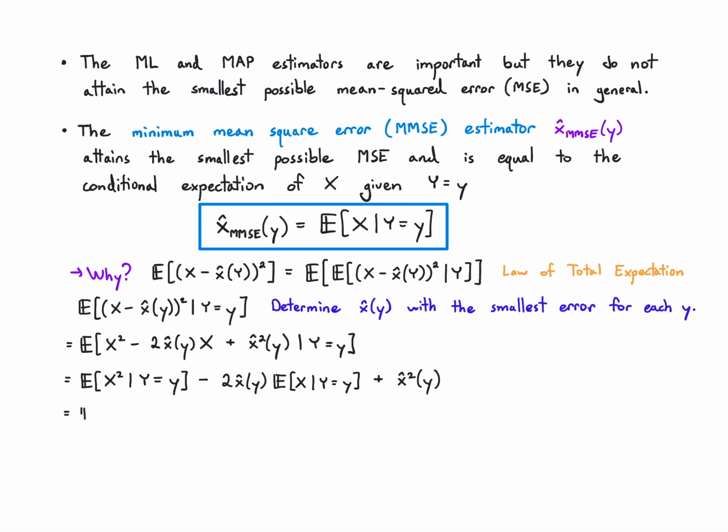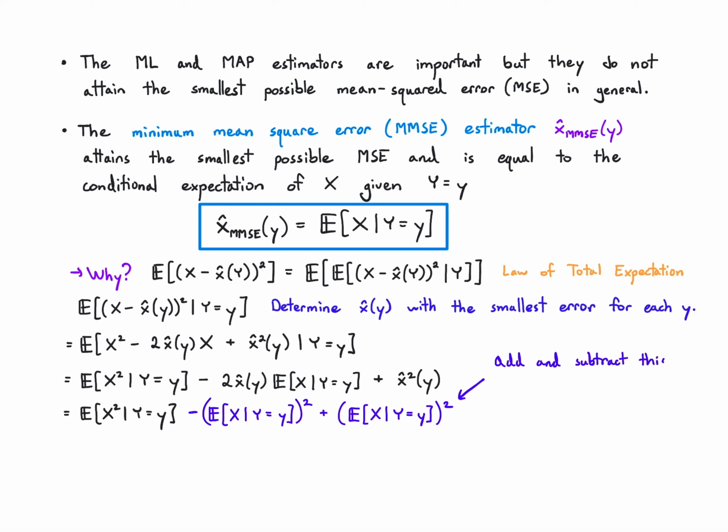In this next part, you kind of have to realize to do this. What I'm going to do is add and subtract the same term. So I'm adding and subtracting the expectation of x conditioned on y, squared. Why am I doing this? Well, I'm doing it to complete the square. And you'll see what this means in just a second.